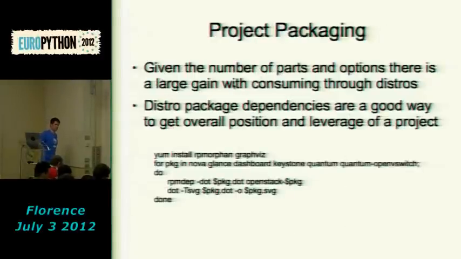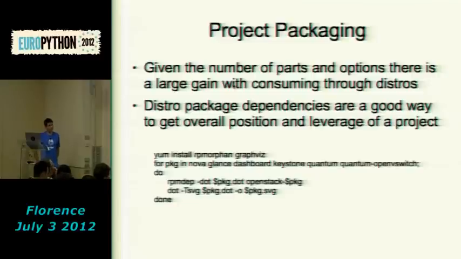Okay, so given all those Python projects, it's worth stressing the advantage of consuming the OpenStack project through packaging. I'm a bit biased here because I'm the Fedora packager for OpenStack, but it does abstract a lot of the details away from you. So you can just yum install OpenStack or apt-get install OpenStack, and it gets rid of a lot of the details.